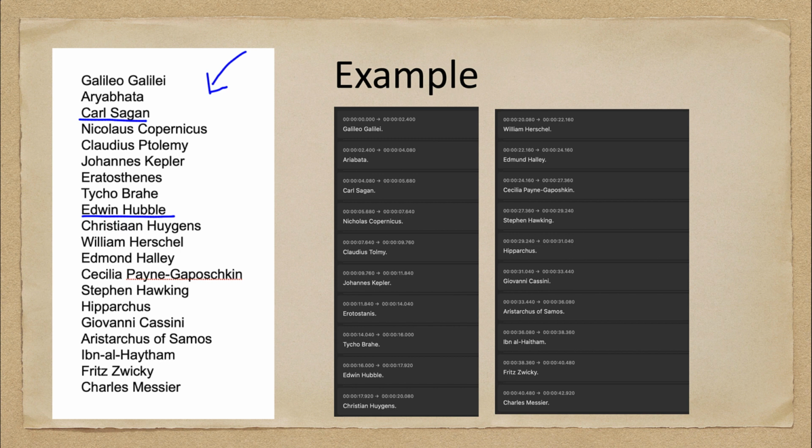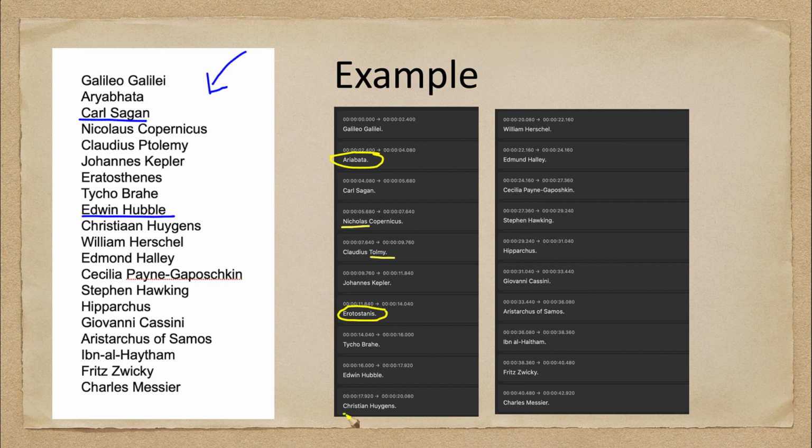And what we see is that it did a pretty decent job. It missed Aryabhata, the Indian name there. Others that it did not do very well, Eratosthenes, it did not do well on. Pretty much the rest it got right or very close to right. Yes, it didn't quite get Ptolemy right. And there's some interesting spellings in some of them. Nicholas, it did not spell the way Copernicus is spelled.